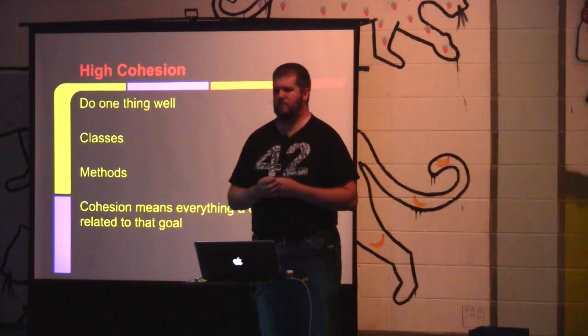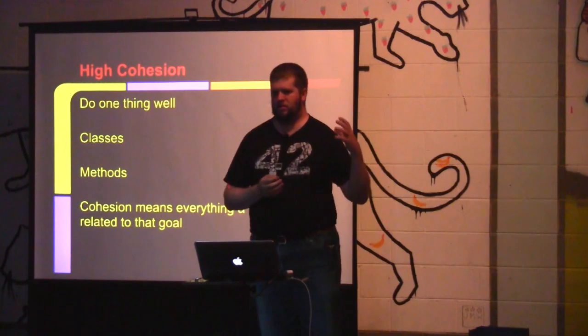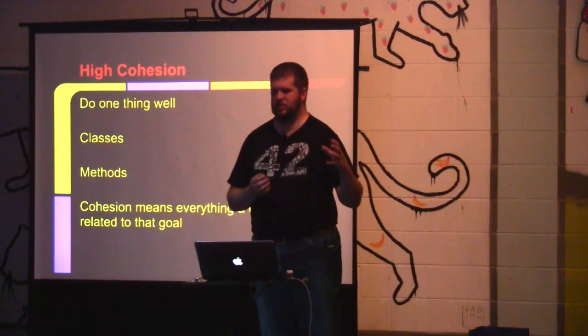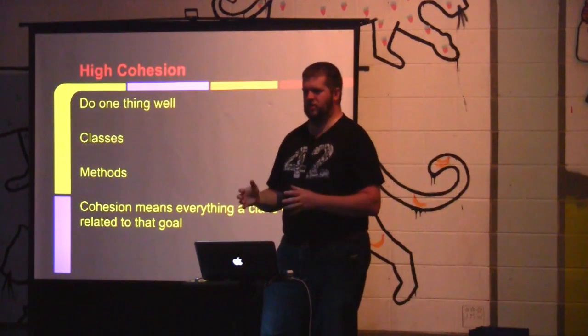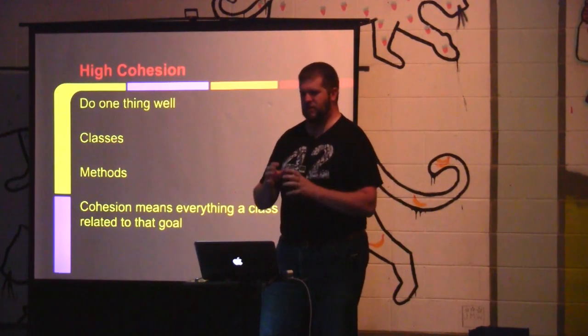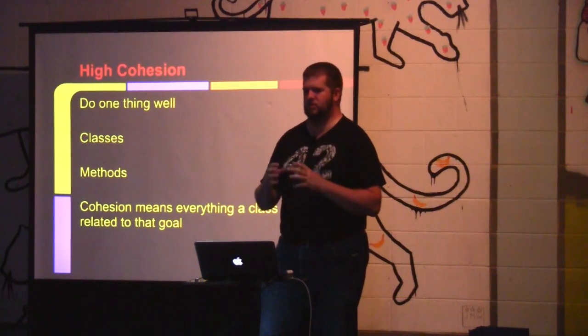I think there's 7 different kinds of cohesion, ranging all the way from coincidental cohesion, which is, hey, this stuff happens to be in the same file, so it's cohesive, right? All the way up to functional cohesion, which is everything about these things is meant to do this one, it's for this one purpose.